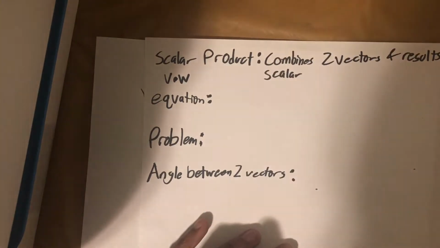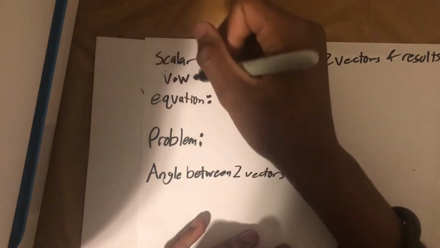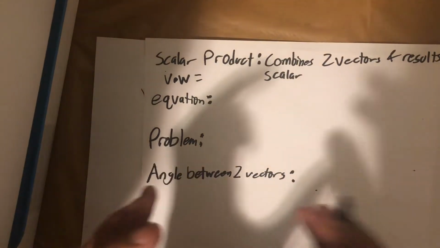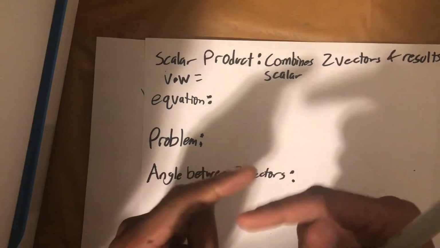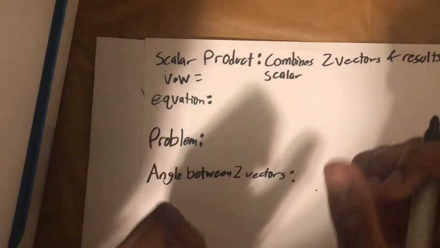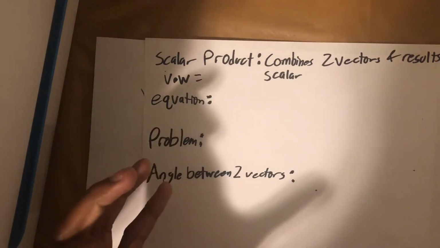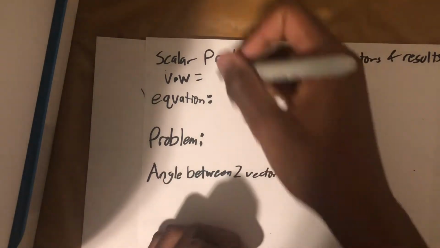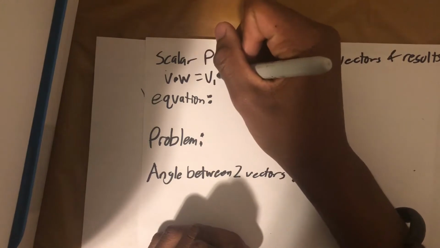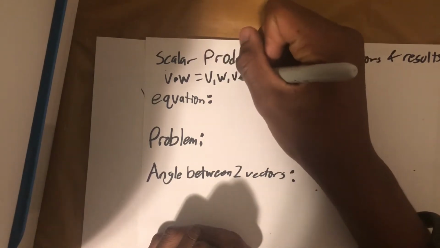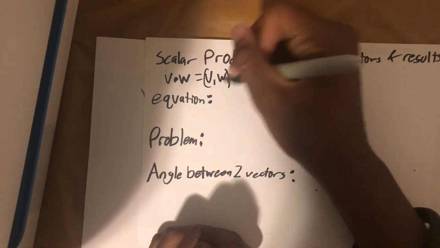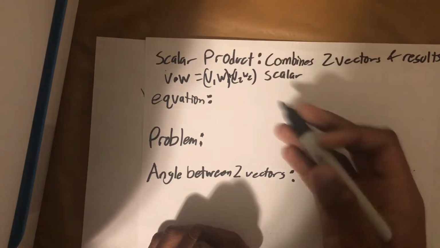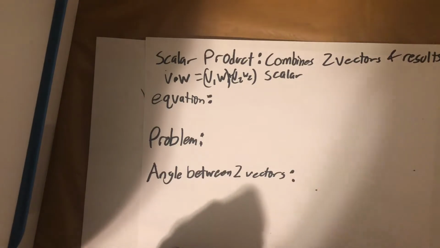It's equal to the components of each of the vectors multiplied by each other, and then you add each of those new components together to get one scalar. So it's v1 w1 plus v2 w2, and then v3 w3 if you have a third one.